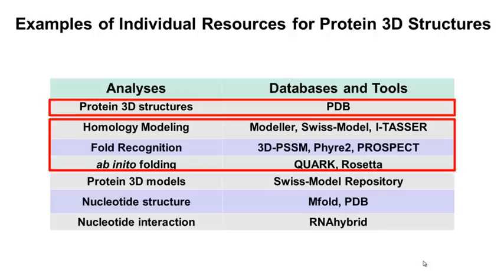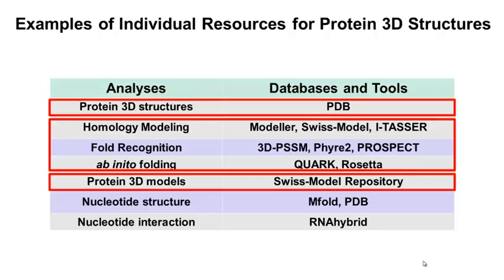As you can imagine, the difficulty and challenge increase from homology modeling to ab initio folding. Not surprisingly, the prediction accuracy decreases dramatically from homology modeling to ab initio folding. You should always try the ab initio predictions when necessary, but be very careful with the results.